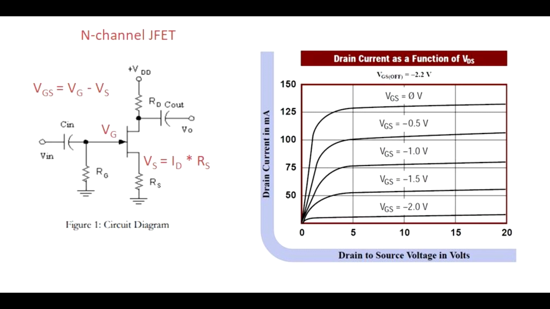The source resistor times the current you're going to use will end up being the voltage on the source. So let's say you want to have a 1 milliamp current. You have a 1,000 ohm resistor, and that'll give you a 1 volt source voltage. And then you'll have minus 1 volt at the gate.